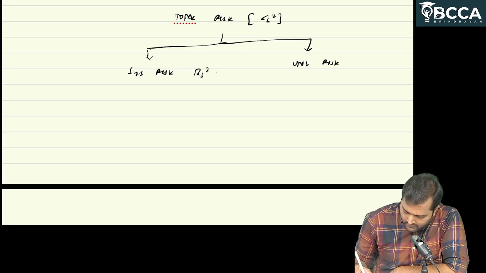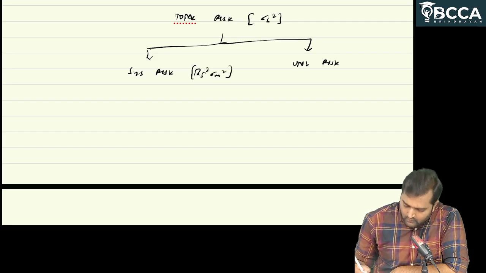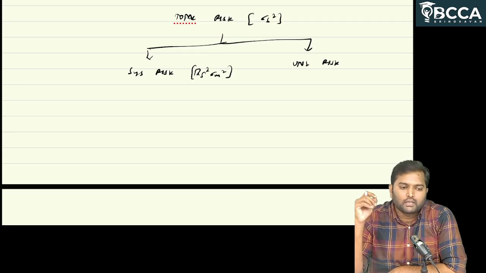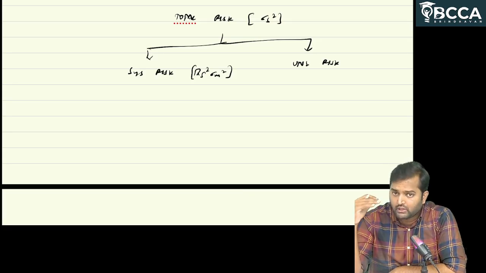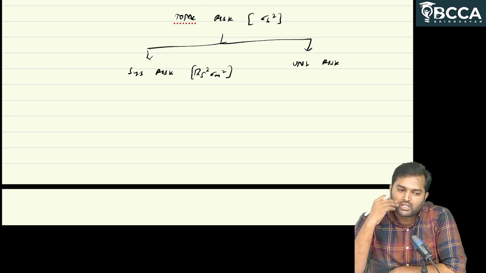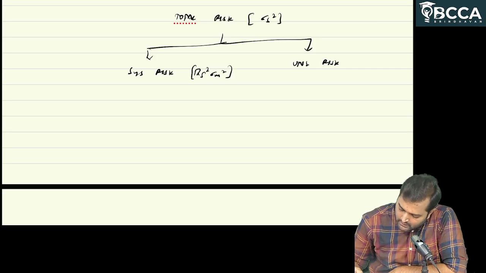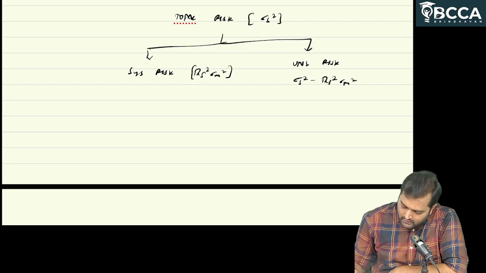Beta S square into sigma M square. We cannot simply take beta S square because beta is a ratio and sigma S square is a percentage. You have to convert the beta ratio into a percentage, so we multiply beta S square with sigma M square, the variance of the market. Unsystematic risk is equal to sigma S square minus beta S square sigma M square.